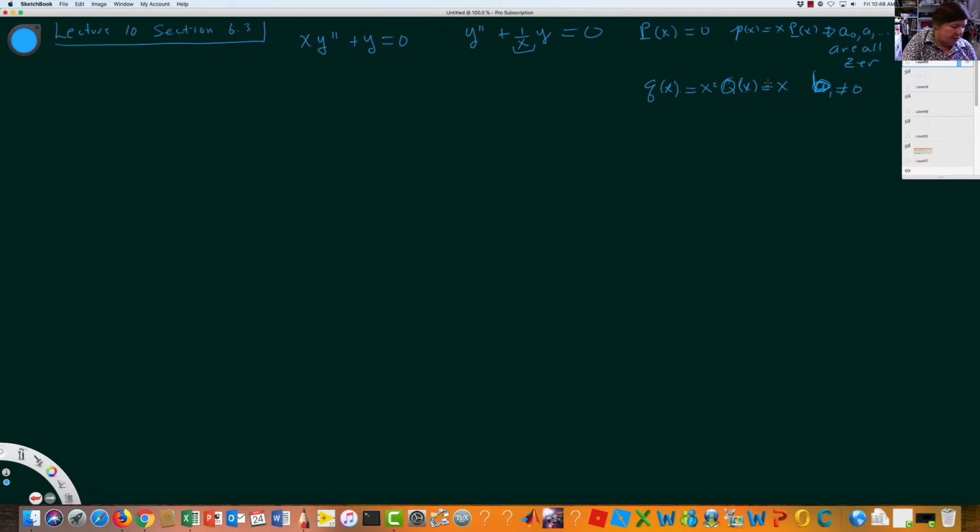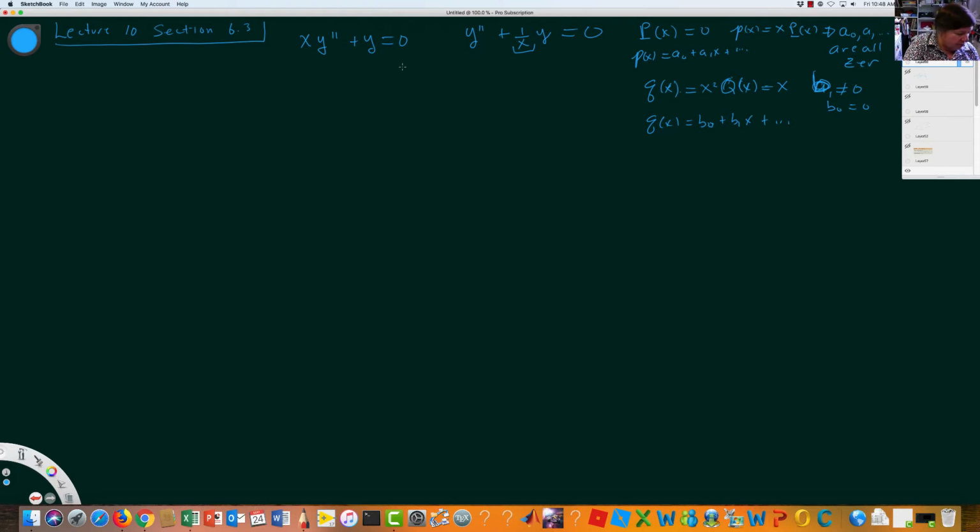And just to remind you what that looks like, little p of x is A0 plus A1 x plus dot, dot, dot. And little q of x is B0 plus B1 x plus dot, dot, dot. So B1 isn't 0, but B0 is 0.